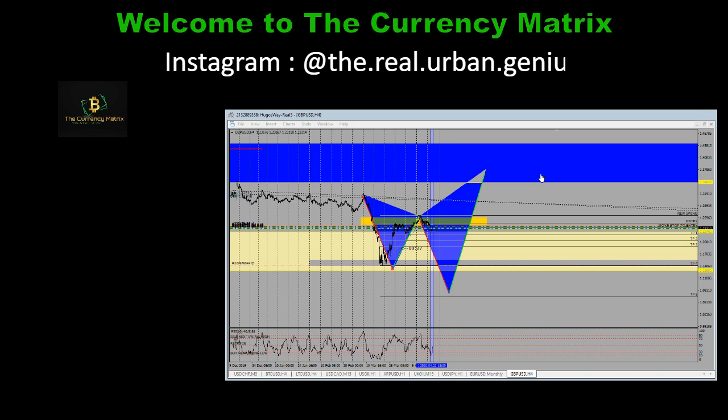Can you see that little pattern right there on the top right? This one right here is the one we just drew. We just drew a bearish butterfly. D point is a prime sell area.